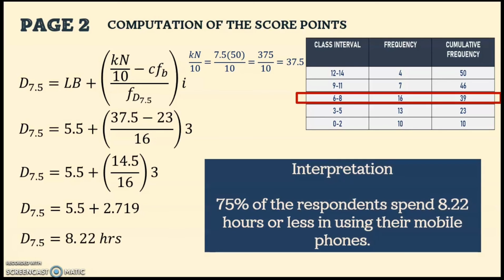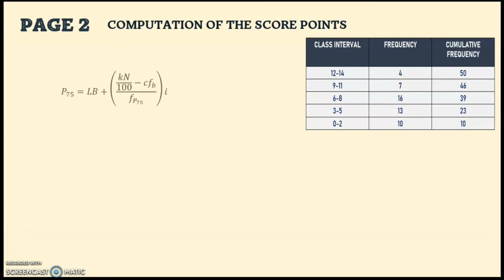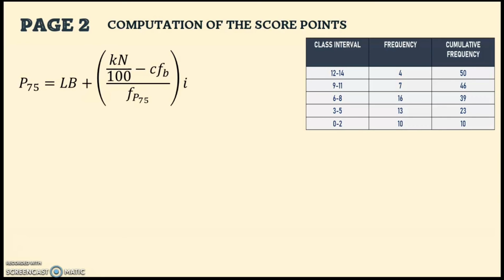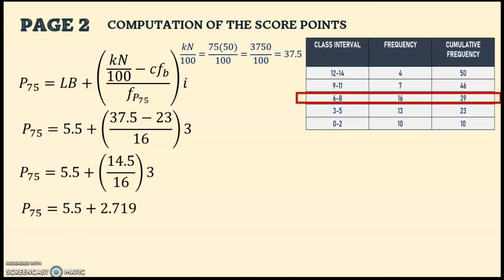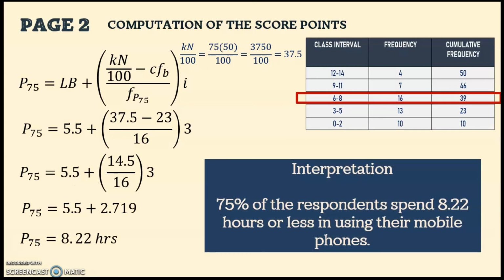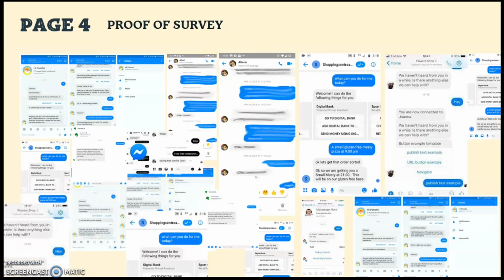So the same answer, the same interpretation. So this is for 75th percentile. So this is the Kn over 100, the same answer with the first two score points, and then interpretation. Okay, so I have to see all the solutions for the 3 score points given.